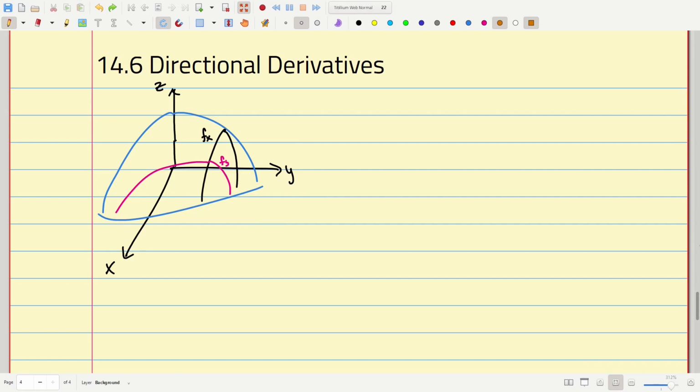There's one massive problem with this, though, right? We're talking about derivatives. We're talking about a process that is defined using limits. A derivative is defined as the limit of a difference quotient.